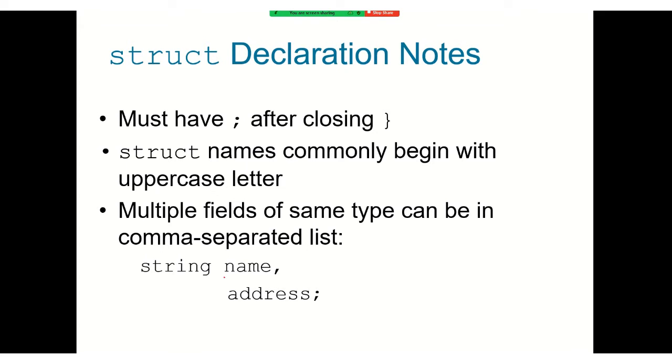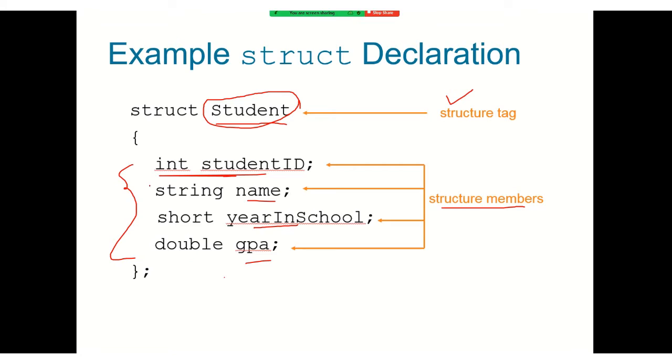Then this is mandatory. You have to have struct, then the struct name, which is the student structure tag. Then you have a curly brace. You must have it. Otherwise, guess what? Your program will throw an error. It will not compile. Then this is ended by a closing curly brace and then this semicolon.